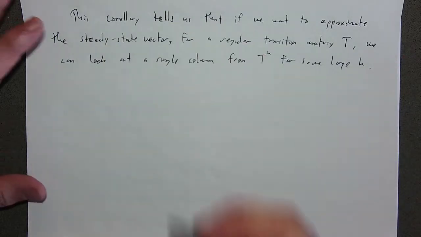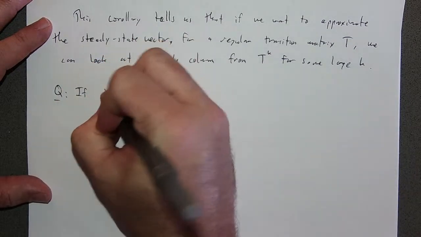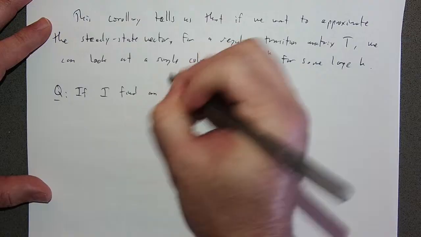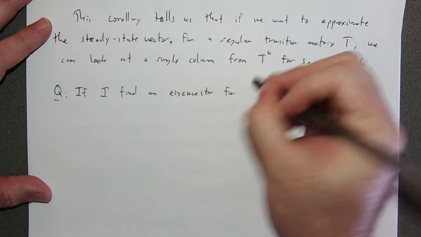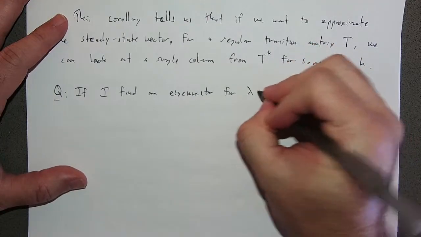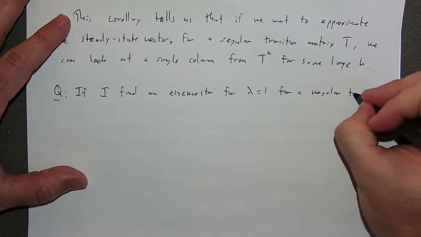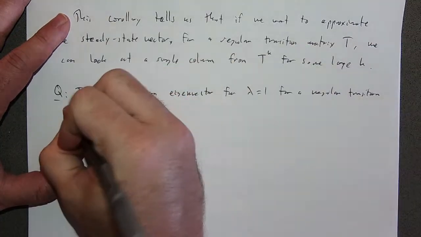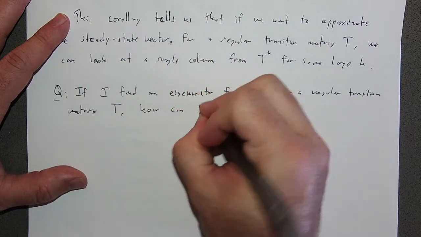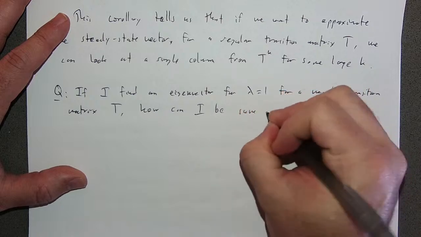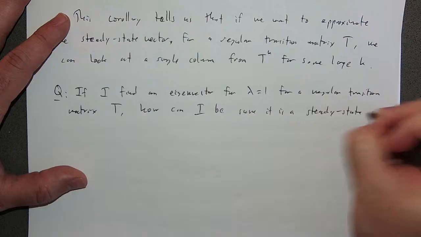Okay. Now, quick question. If I find an eigenvector for lambda equals 1 for a regular transition matrix T, how can I be sure it is a steady state vector?